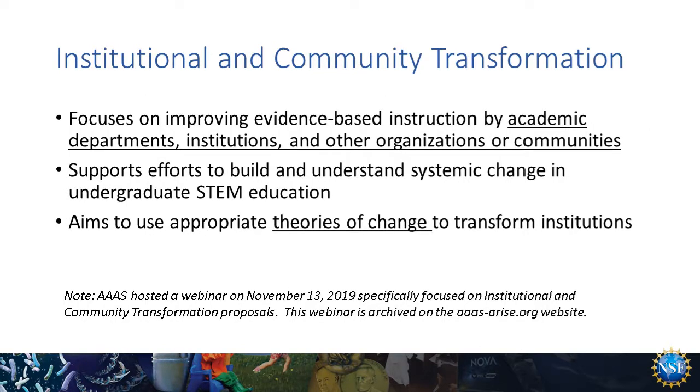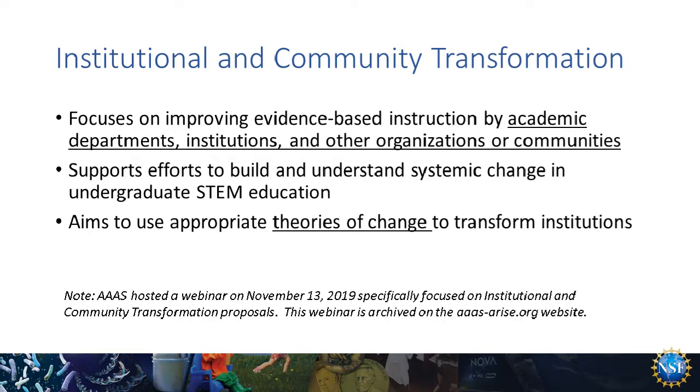The Institutional and Community Transformation track focuses on improving evidence-based instruction by academic departments, institutions, and other organizations or communities. That is to say, it's looking at interventions, sometimes those that are developed through the Engaged Student Learning track, and scaling them up to larger scale, institutional, or academic and disciplinary communities.